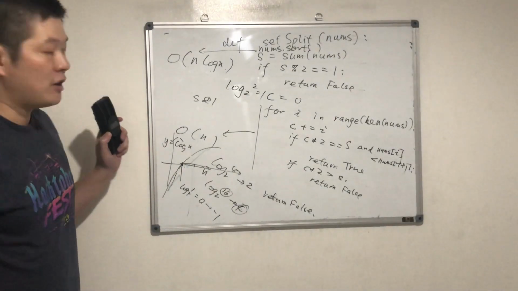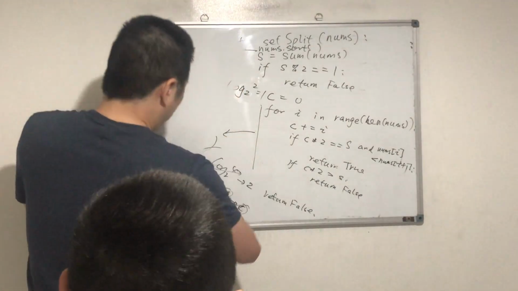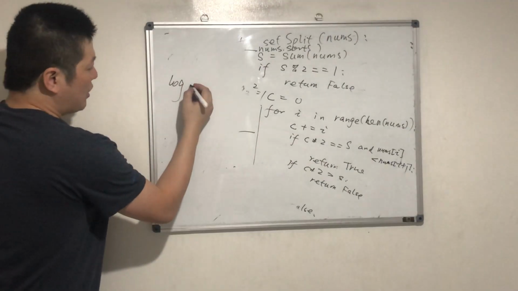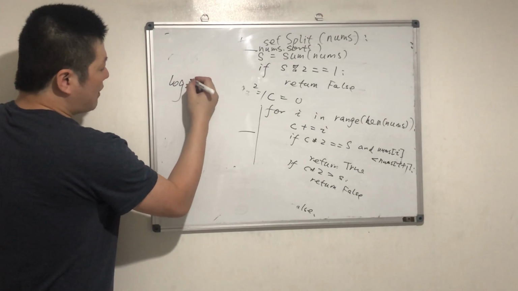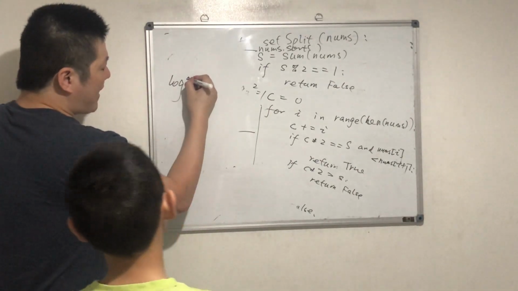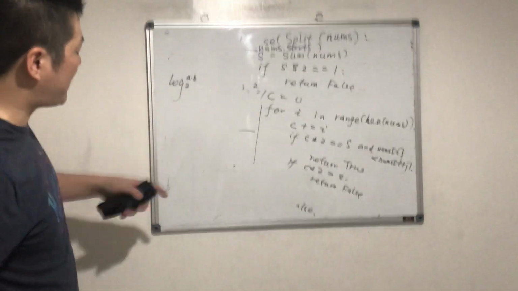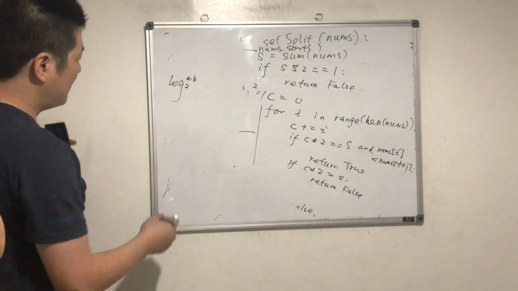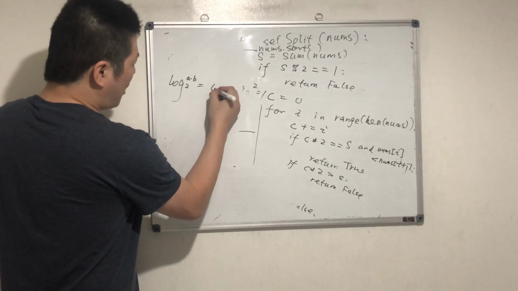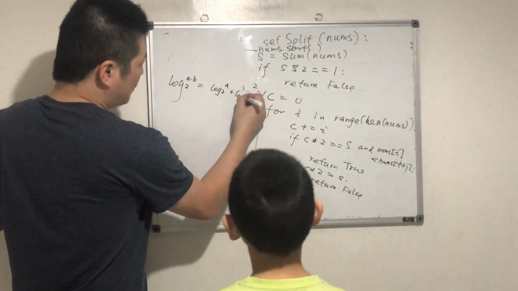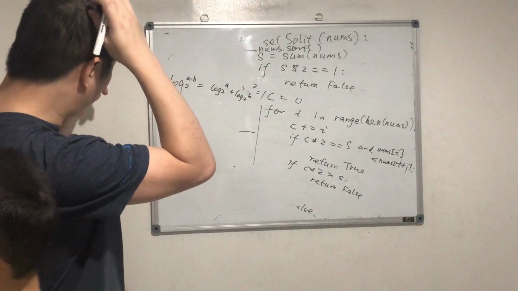Look, another thing, okay? Log base 2 of a times b equals log base 2 of a plus log base 2 of b. Let's try if it's alright, okay?